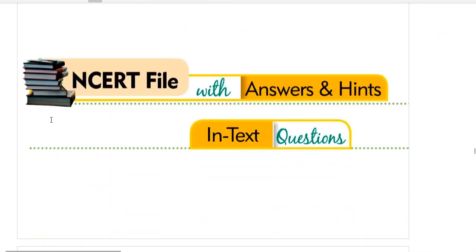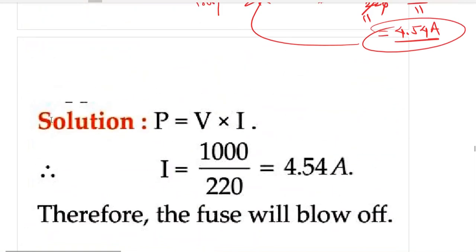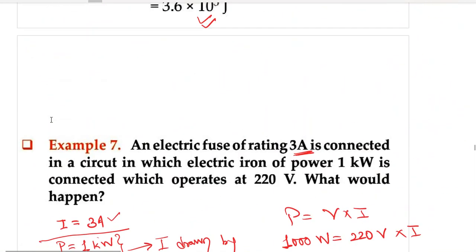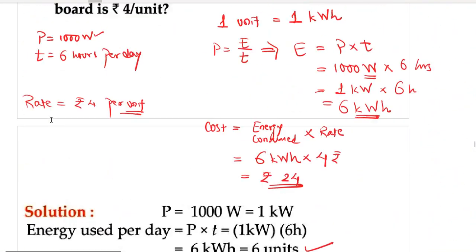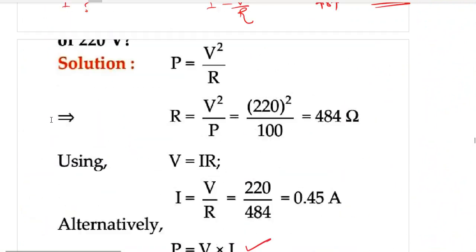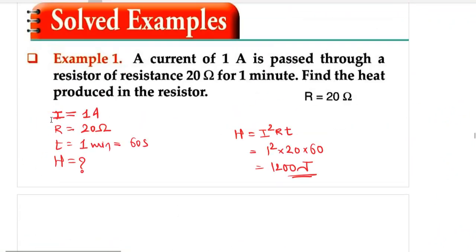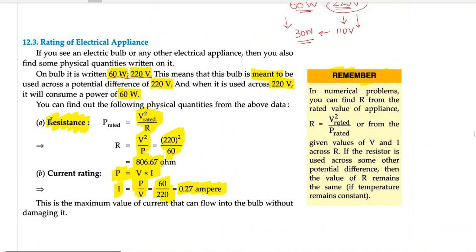Right? So the chapter is finished. These types of questions are there in the last part. Very interesting part, the last part. So I hope you understood the whole chapter. We took a lot of time completing this chapter.